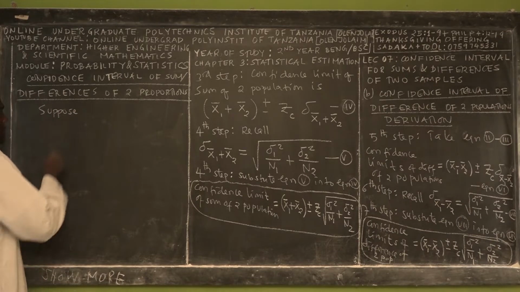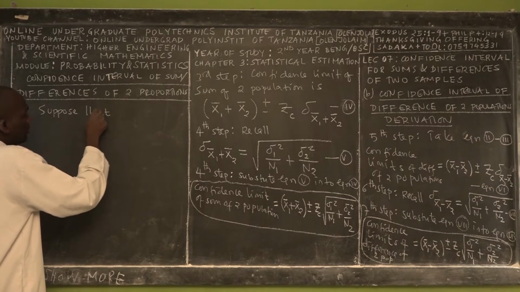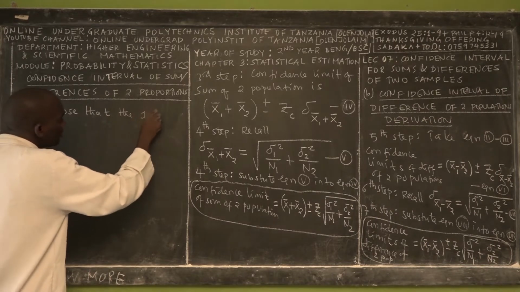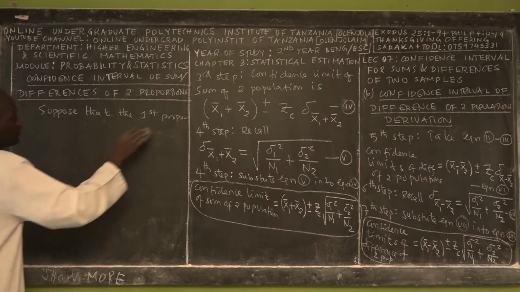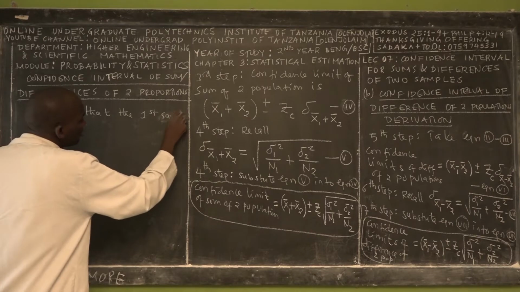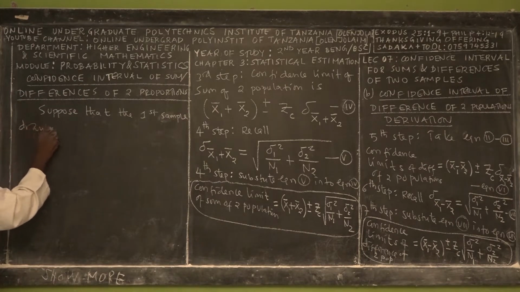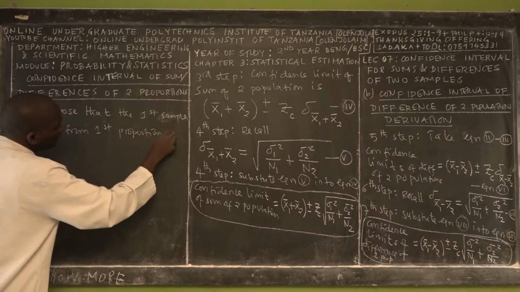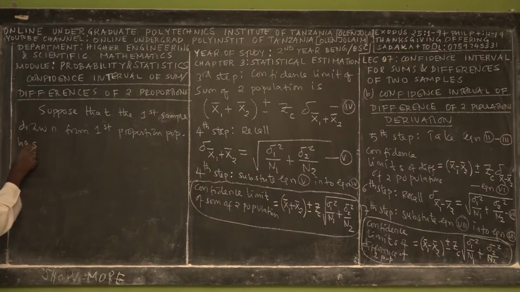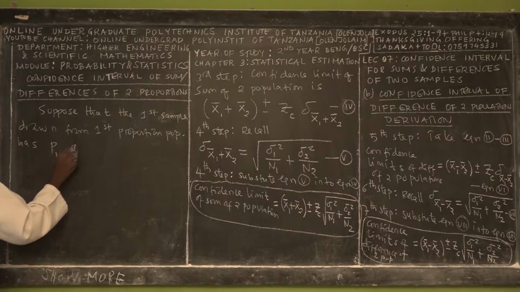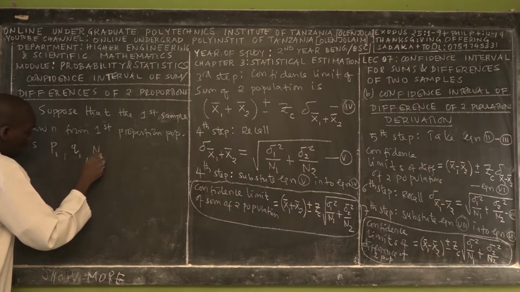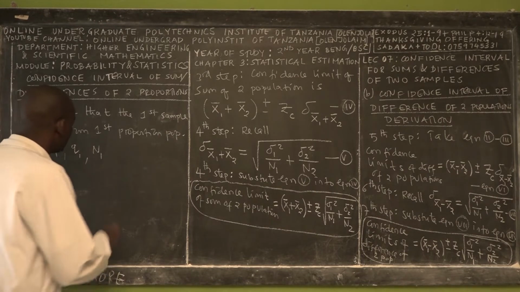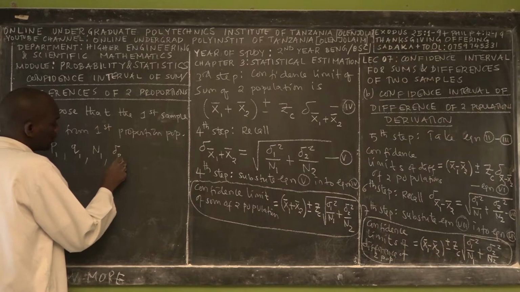Suppose that the first sample, drawn from the first proportion population, has probability of success 1, probability of failure 1, sample size 1, and what else?